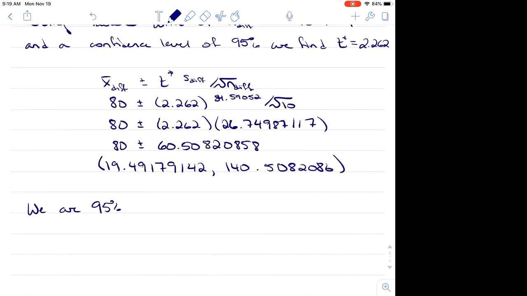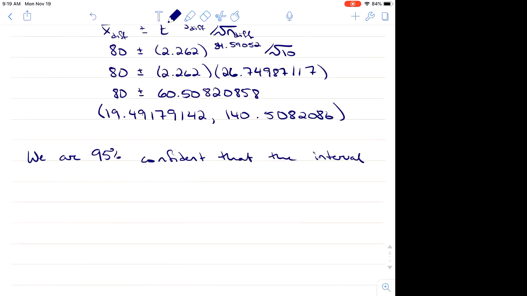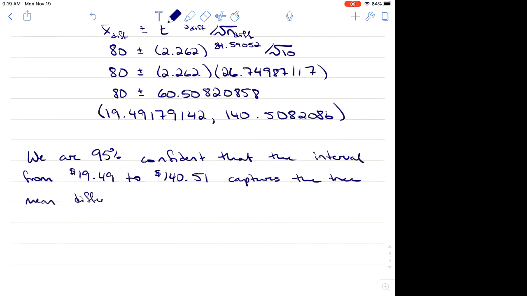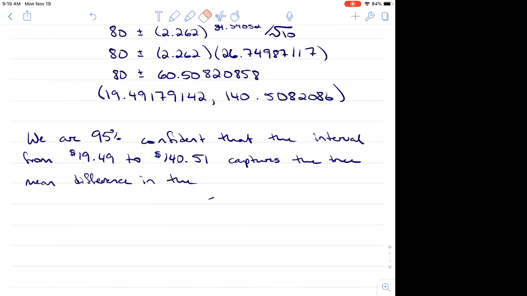So we are 95% confident that the interval, and this is the same blurb as before, the interval from $19.49 to $140.51 captures the true mean difference in the estimates.